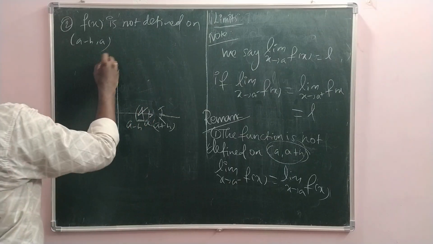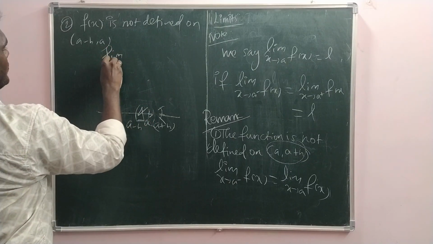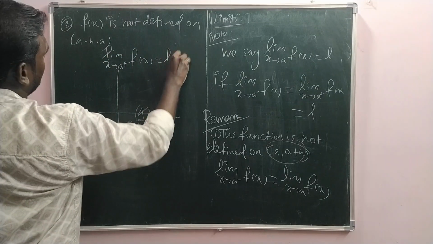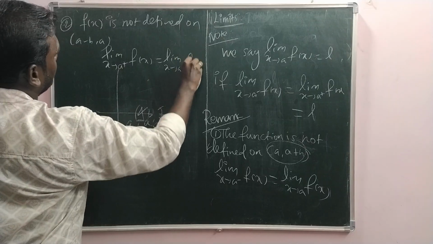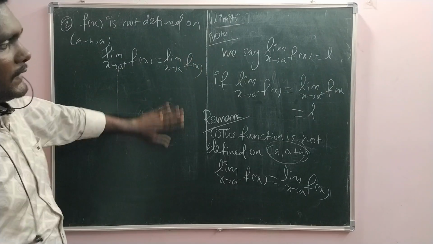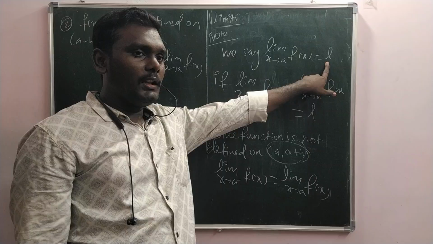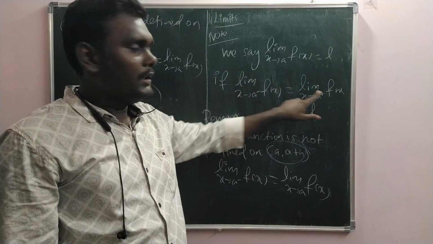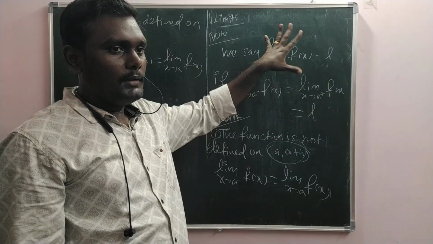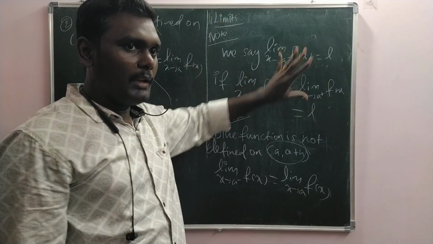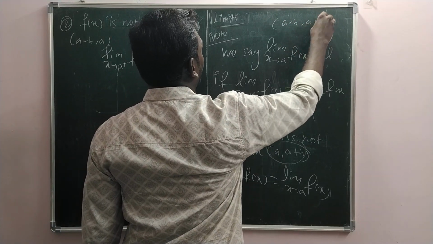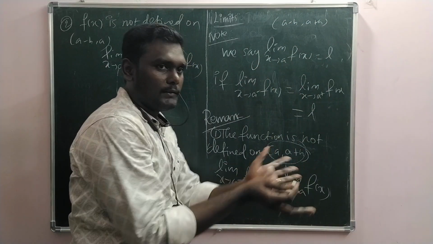That right limit will be the value of the limit of the function: limit x tends to a plus f of x will be limit x tends to a f of x. I'll say once again, we say the function has a limit only if both the right limit and left limit exist, provided that it is defined on this particular neighborhood of a. Neighborhood of a means a minus h comma a plus h, the nearby points.